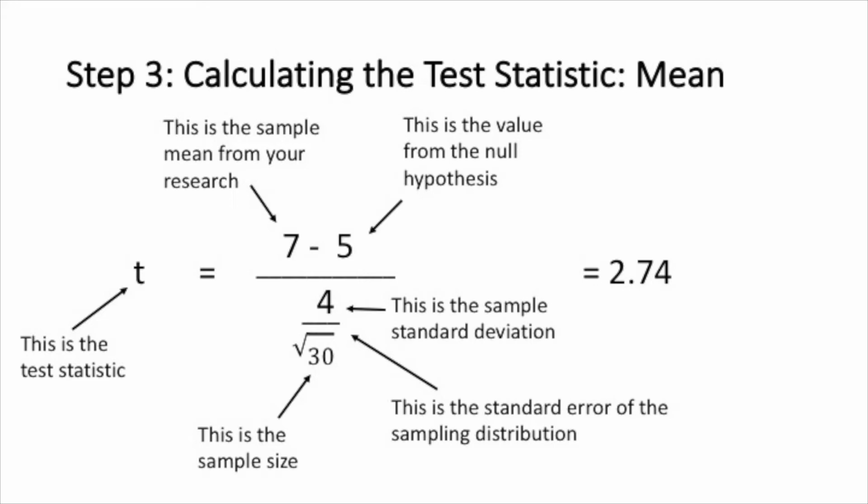We divide this by the standard error of the sampling distribution for a sample mean. That's equal to S divided by the square root of n, where S is the sample standard deviation, which is 4. You divide that by the square root of 30, which is my sample size. I interpret that test statistic of 2.74 to mean that the value for my research is 2.74 standard errors away from the null hypothesis.